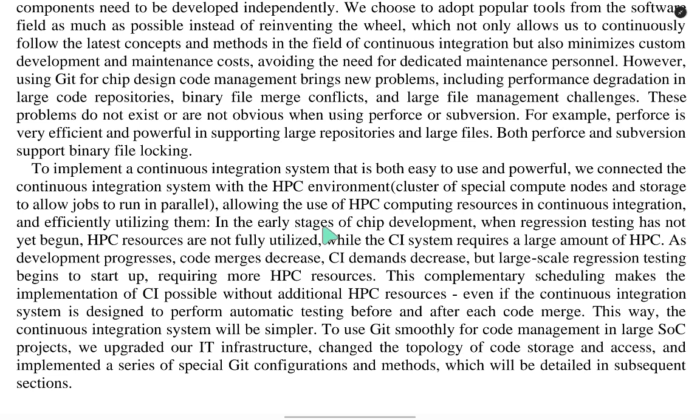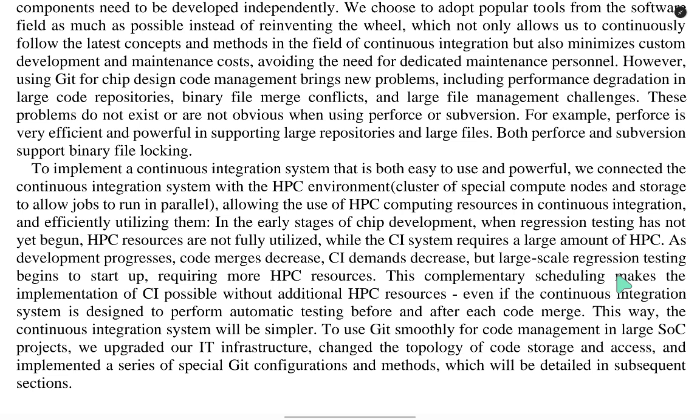In the early stage of chip development, when regression testing has not yet begun, HPC resources are not fully utilized, while the CI system requires a large amount of HPC. As development progresses, code merges decrease and CI demand decreases, but large-scale regression testing begins to start up, requiring more HPC resources.